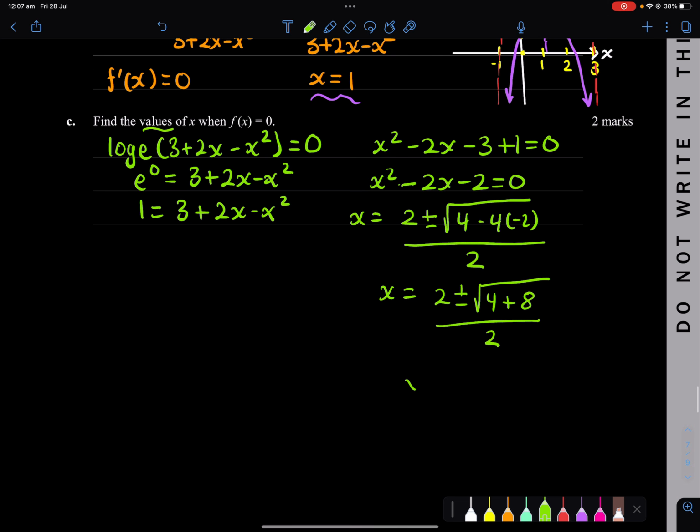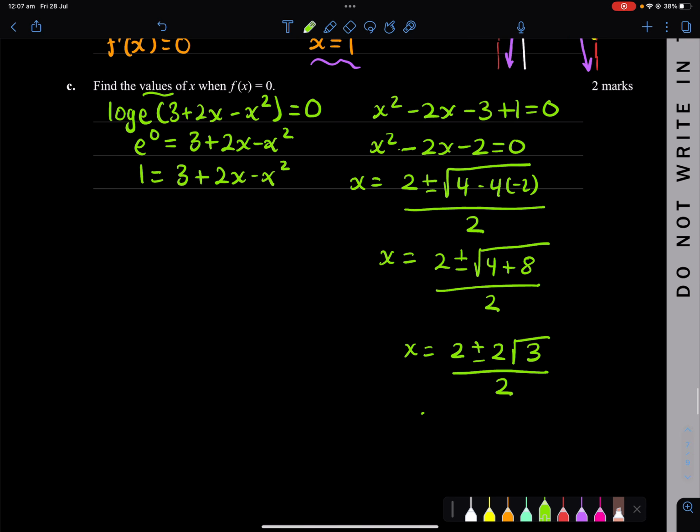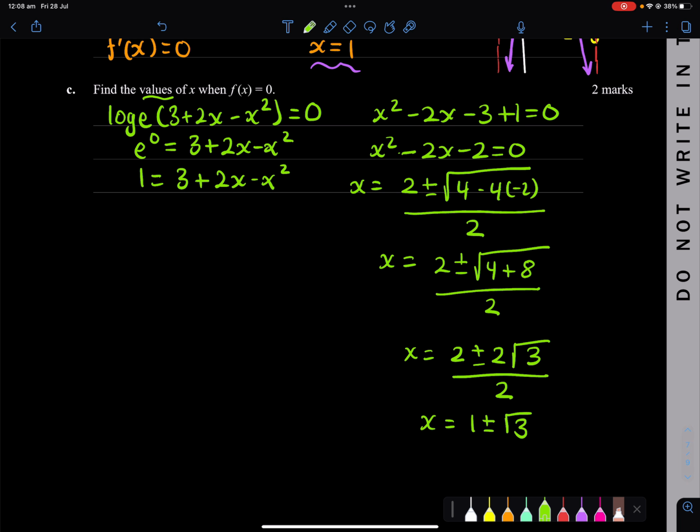So x is equal to 1 plus or negative root 3. Is that right? Yeah, those are the values of x.